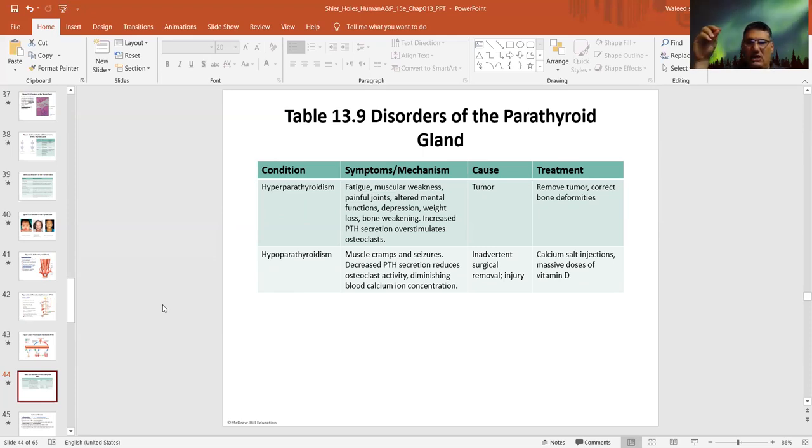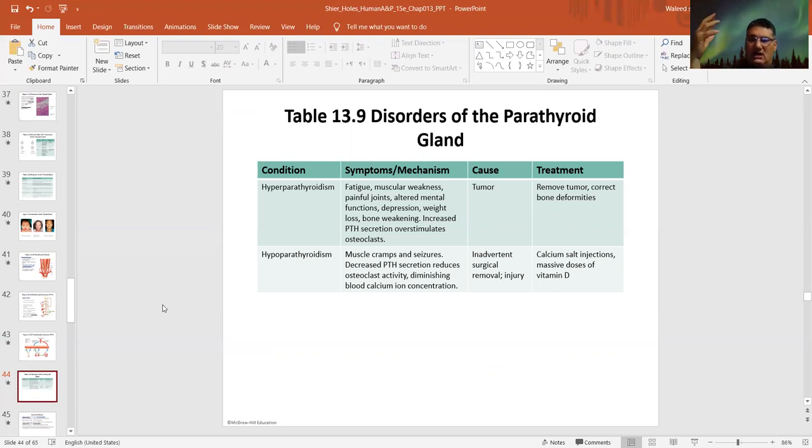hyper and hypo parathyroidism. If you have hyperparathyroidism, you're secreting too much parathyroid hormone, so obviously your calcium level is going to go up. Since you're taking it from the bone, the bone will become weaker. Most of the time, it is a tumor in the parathyroid. Hypo, most of the time, it is surgical removal.